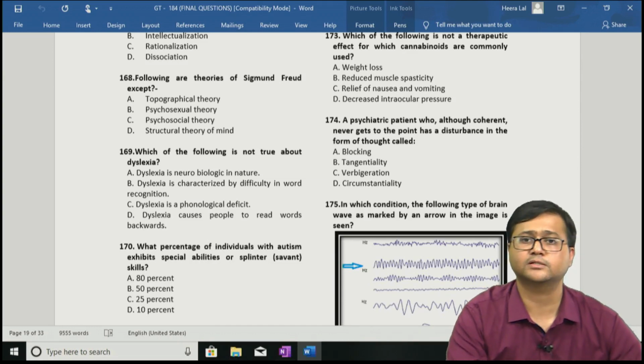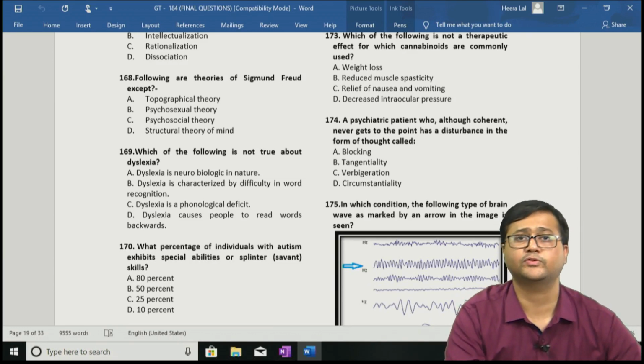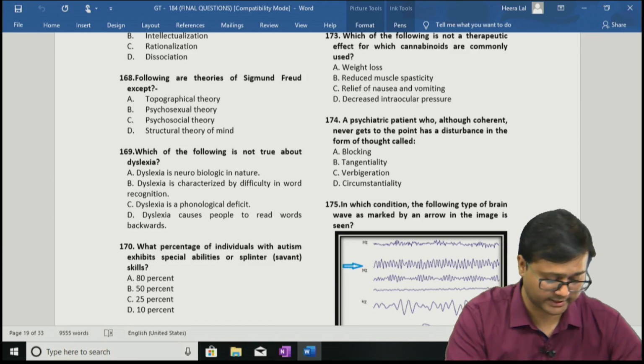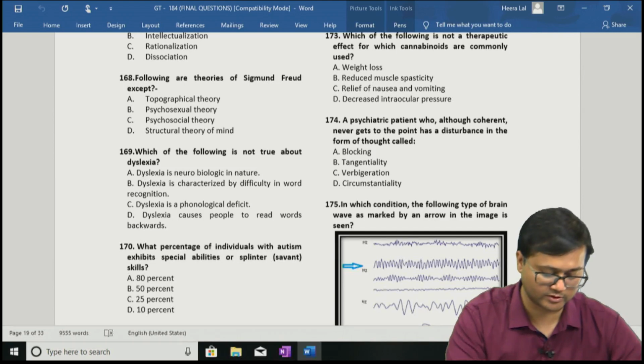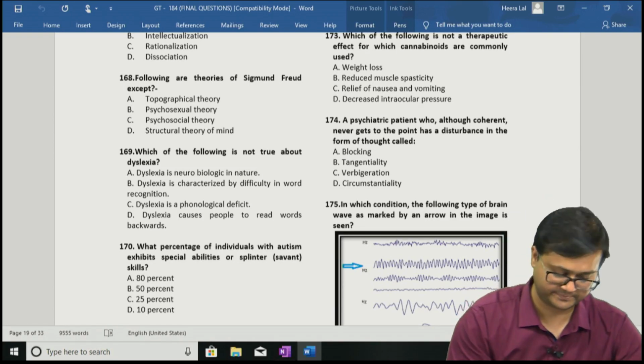Now we'll discuss dyslexia, which is a specific learning disorder. So the correct answer to question 169 is option D, that dyslexia causes people to read words backward. It is incorrect.